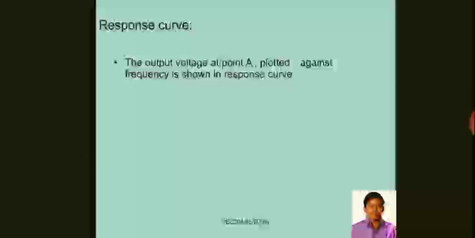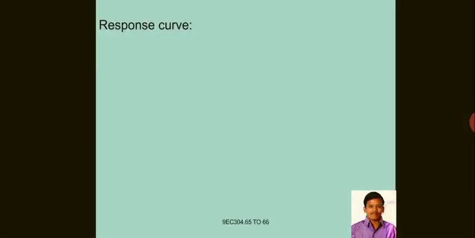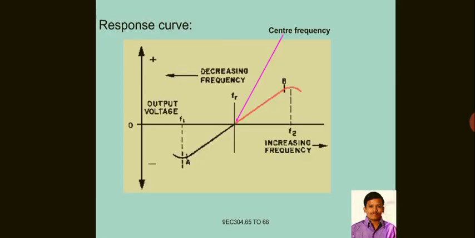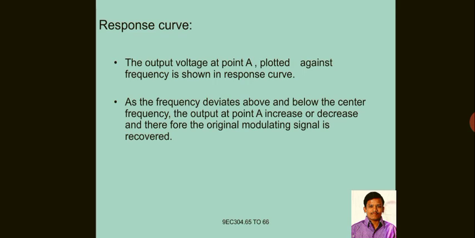Now from this curve, some points once again. The output voltage at point A, as the frequency deviates above and below the center frequency, increases or decreases, and therefore the original modulating signal is recovered.